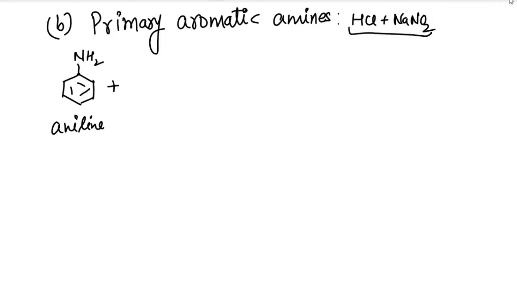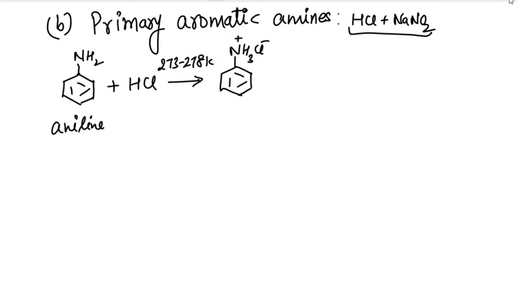So first of all, aniline reacts with HCl, which is present there, and we get aniline hydrochloride at the same temperature, 273 to 278 Kelvin, ice cold solution. Then the nitrous acid will react under the same conditions of 273 to 278 Kelvin.